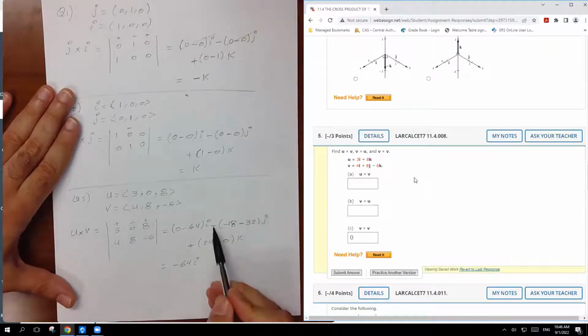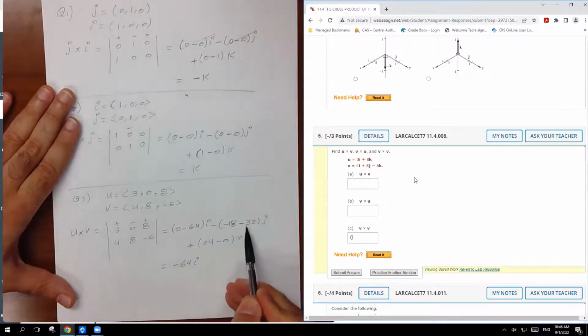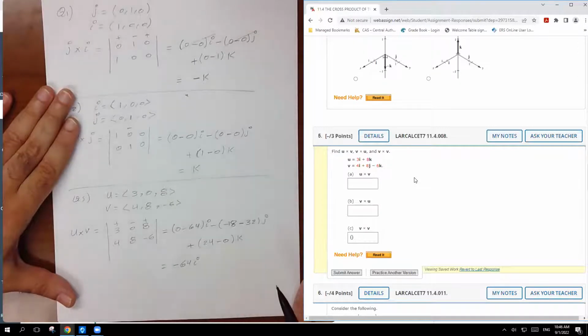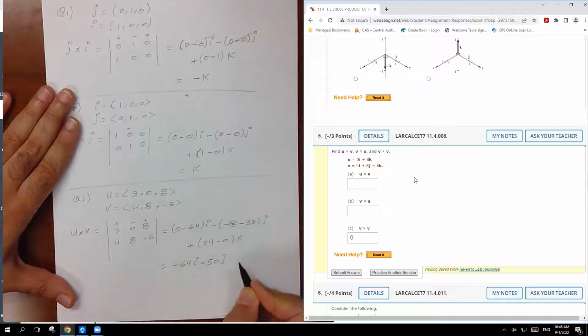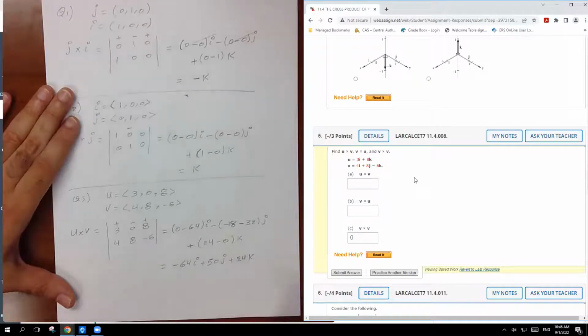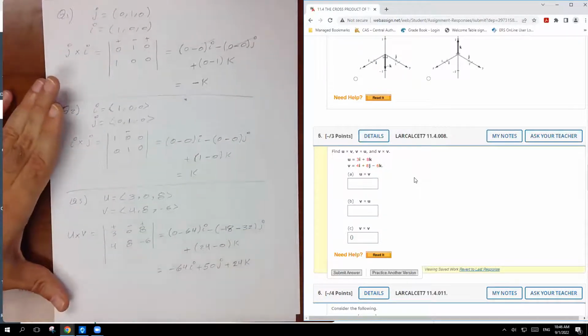Don't forget, there's a minus here. Negative 18 minus 32 is going to be negative 50. Negative 50 times this negative sign is going to be plus 50j plus 24k. That's u times v.